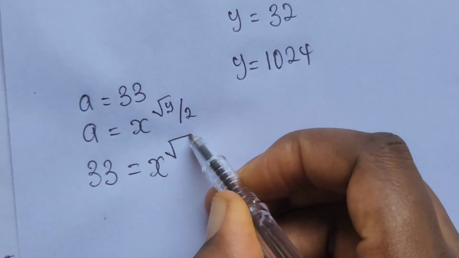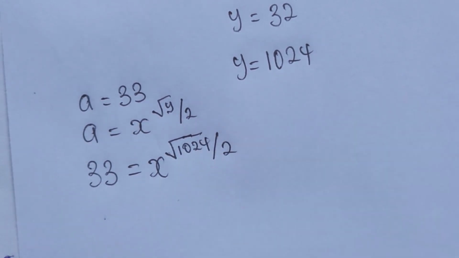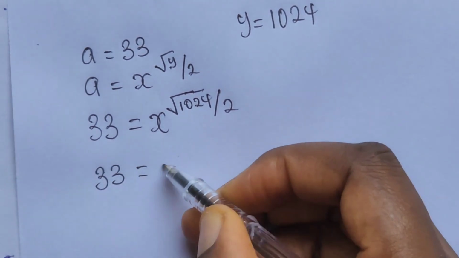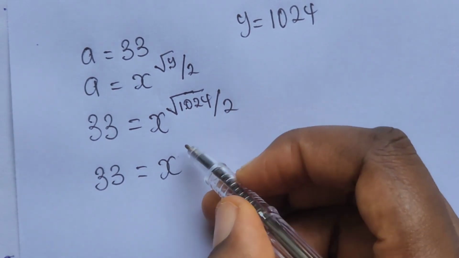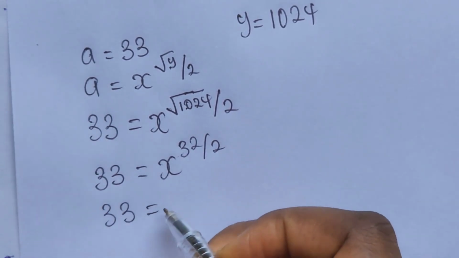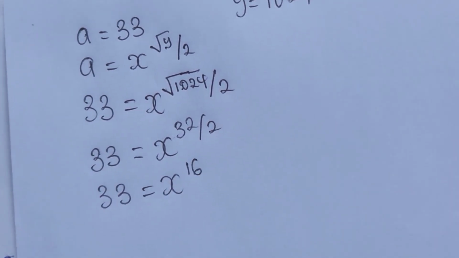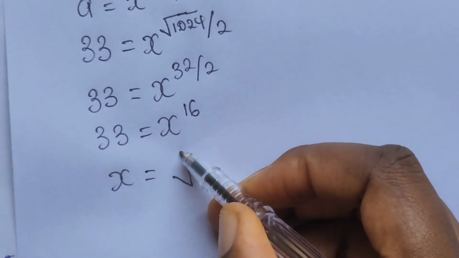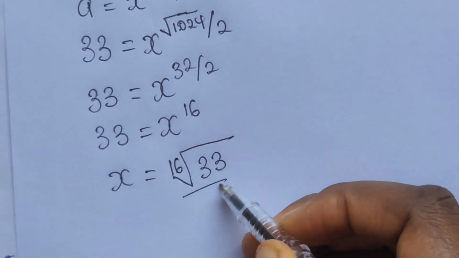So we have root 1024 all over 2. So from here we have 33 to be equal to x to the power of the square root of 1024, which is 32, over 2. So we have 33 to be equal to x to the power of 16. So x is equal to the 16th root of 33.